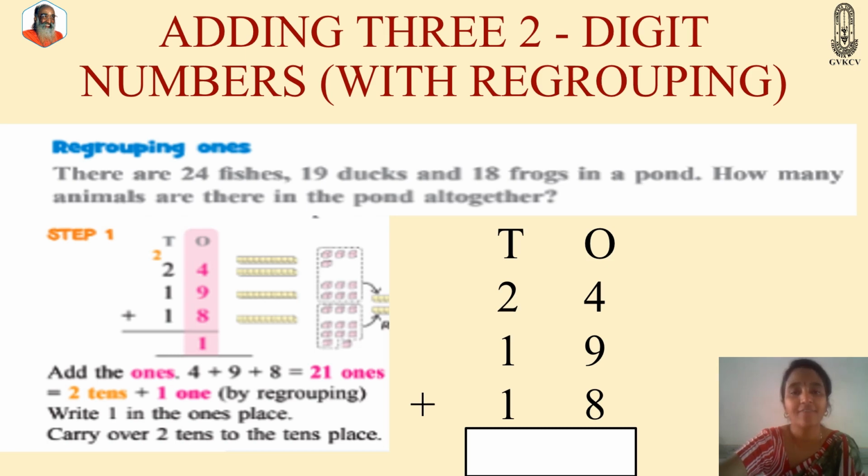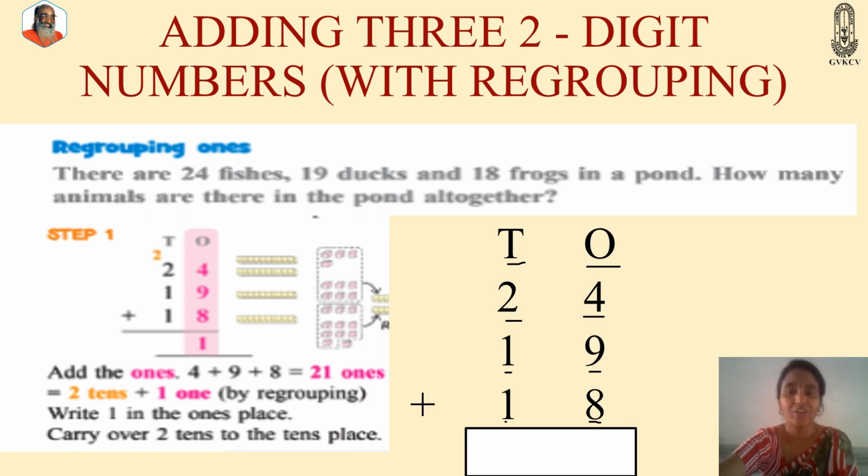How many fishes are there? 24, right? So, as I told you, tens and ones: under tens 2 and under ones 4. And 19 ducks: 1 under tens and 9 under ones. And 18 frogs: 1 under tens and 8 under ones.